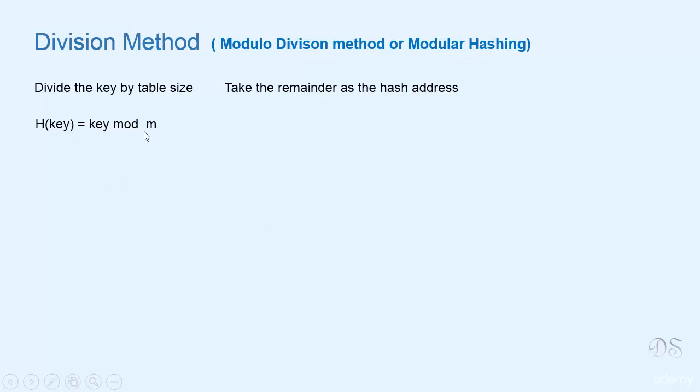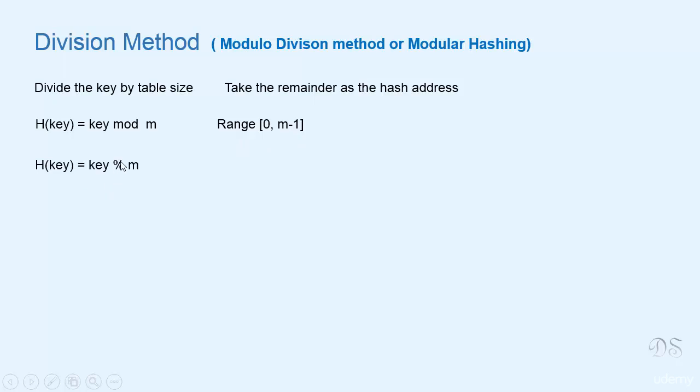Now if the table size is m, then any remainder will be in the range 0 to m minus 1. And therefore, hash addresses that will be generated will be within this range 0 to m minus 1. So this method ensures that the address that we get is in the limited range of the table.